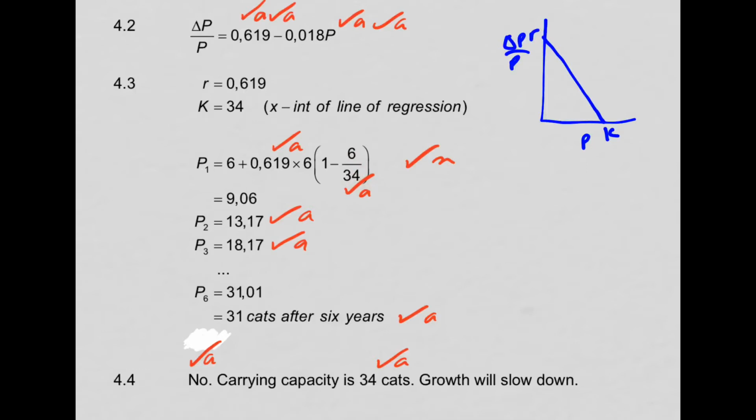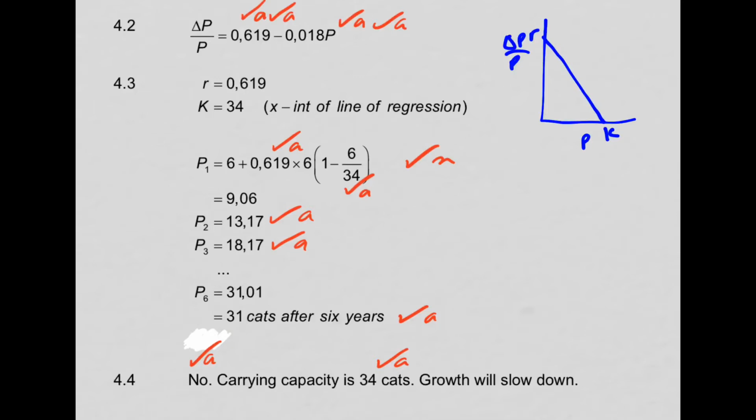Okay, so remember when you're working this out, you're going to push 6 equals, that goes into your answer, then you're going to be answer plus 0,169 times answer into 1 minus answer over 34 equals, and we get 9,06. Do not round off yet, you're not done. Equals to get to population 2, equals to get to population 3, and then I've left out a few, and then to population 6, 31,01, which gives us after 6 years 31 cats.